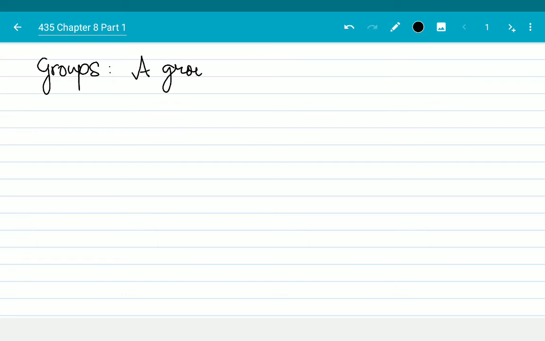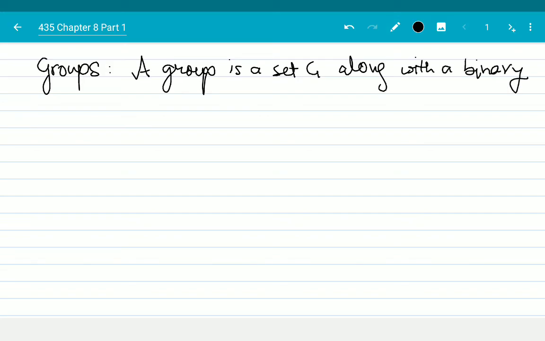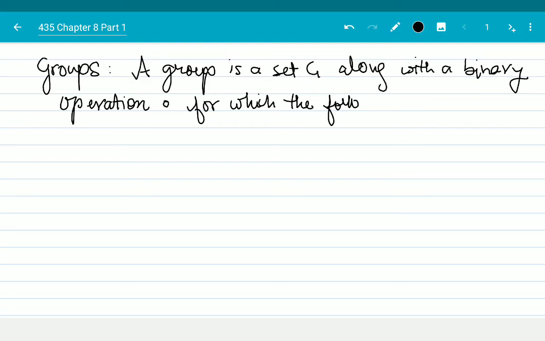A group is a set G along with a binary operation, which is generally denoted either star or composition or addition, a lot of things. Right now we'll denote it by composition, for which the following conditions hold.